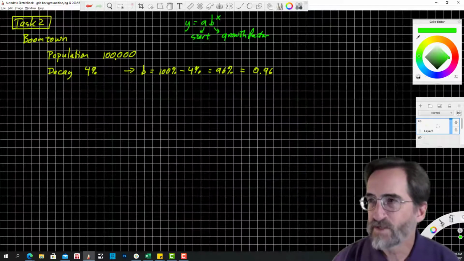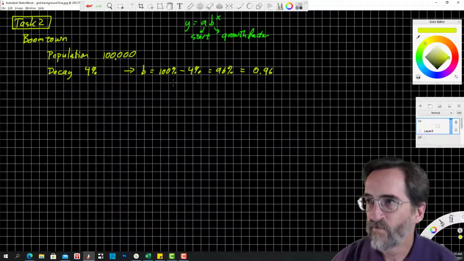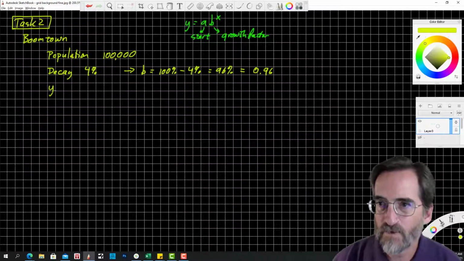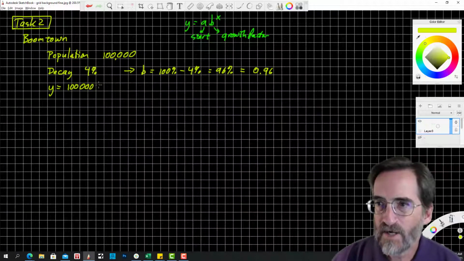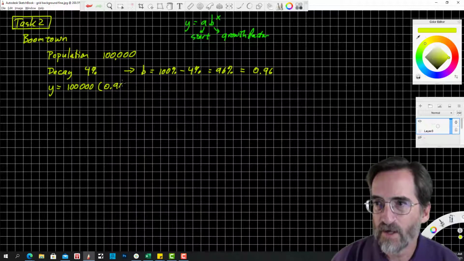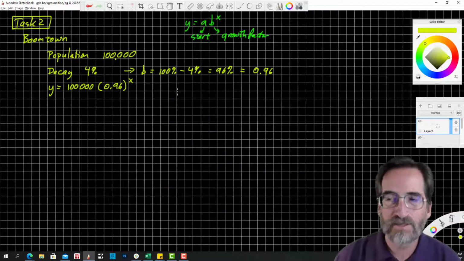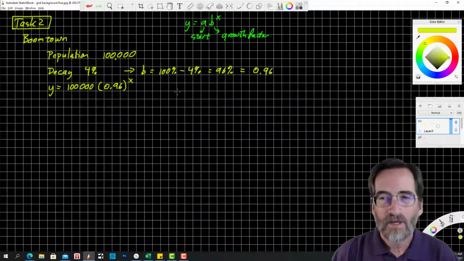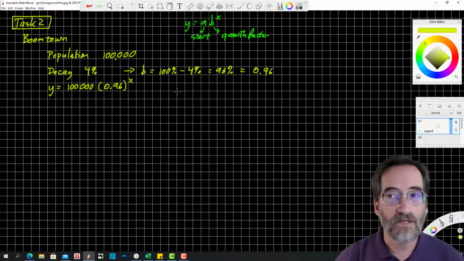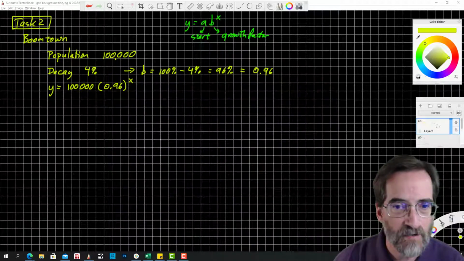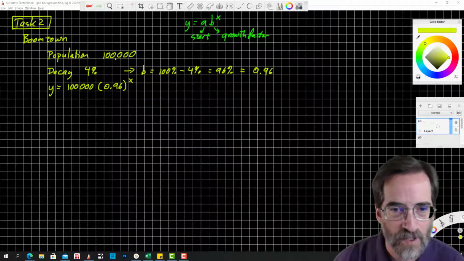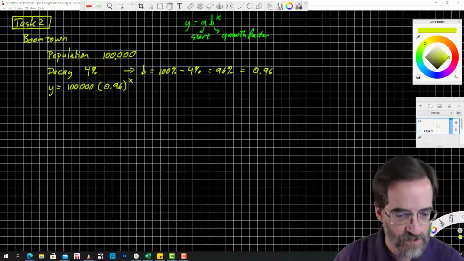So in this particular case, my formula for Boomtown becomes y = 100,000 times 0.96^x, the start value times the growth factor or decay factor to the power of x. Okay? And so Boomtown is going to be shrinking. In fact, I can model that on my standard 4-function calculator, which I seem to have closed.